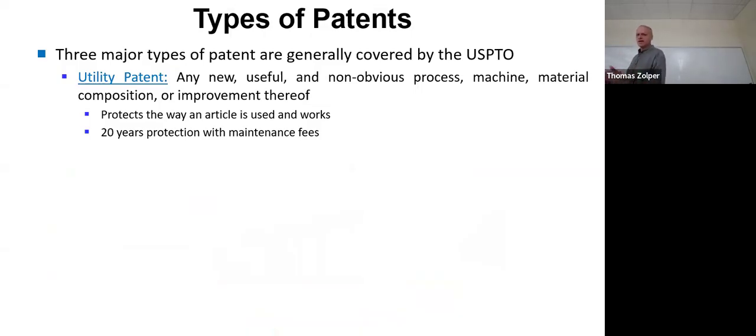It's a new, useful, non-obvious machine, material, composition, or improvement thereof. And ultimately, by filing with the US Patent and Trademark Office, you're able to gain protection for the design that you developed for up to 20 years, if you pay the so-called maintenance fees.